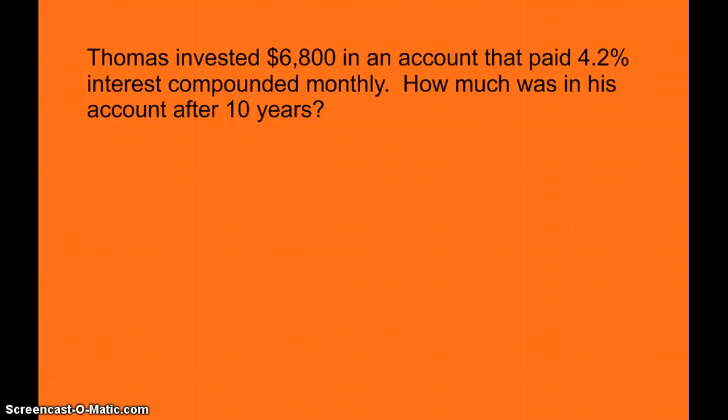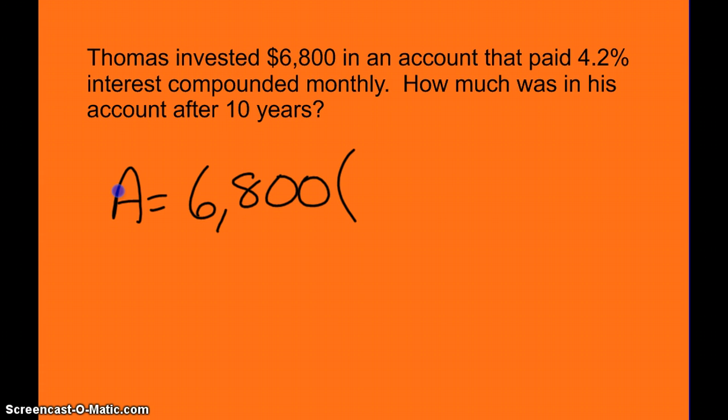So let's look at an example of a situation where you have your money being compounded more than once a year. In this situation, we're talking about an individual who invested $6,800. So we're going to plug into the equation similarly to what you did yesterday. 6,800 times (1 plus my rate, and we always make the rate into a decimal).